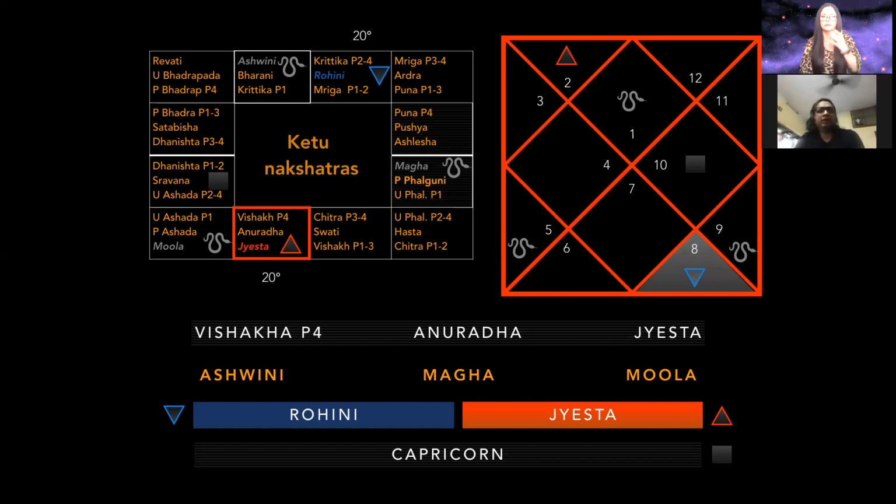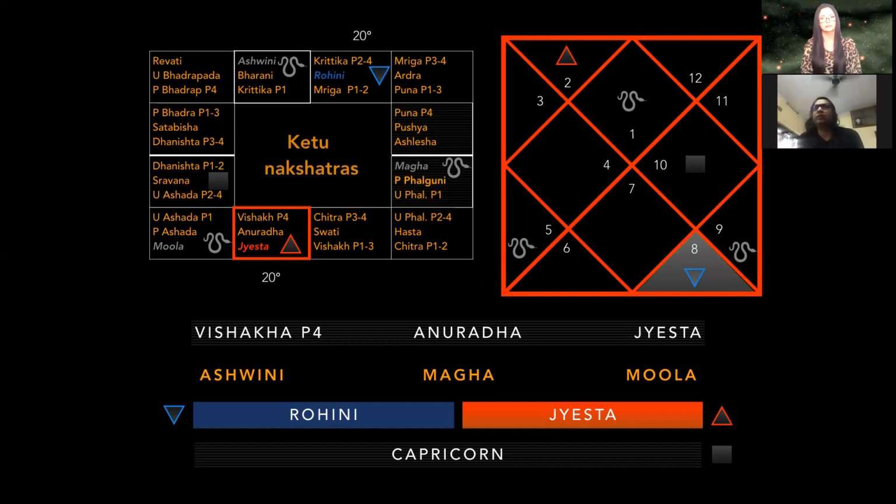We mentioned that in the last session on Rahu. The school of thought I'm going to use is that Ketu is exalted in Scorpio, or in the Jyeshta nakshatra, specifically at 20 degrees of Scorpio. It is debilitated at 20 degrees in Taurus, in Rohini, close to a point of Rohini nakshatra. And Ketu's Mooltrikona is actually falling in Capricorn.